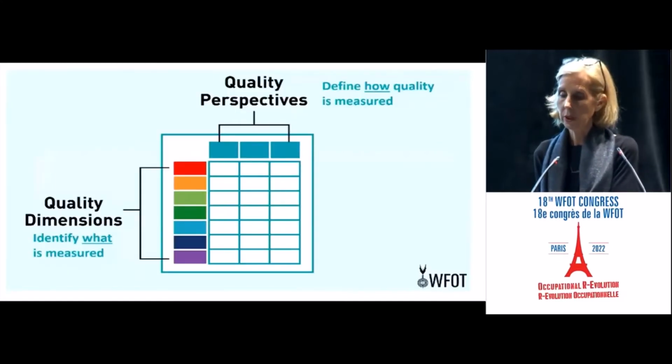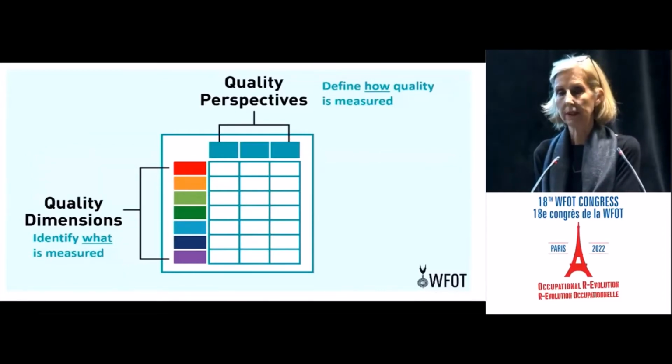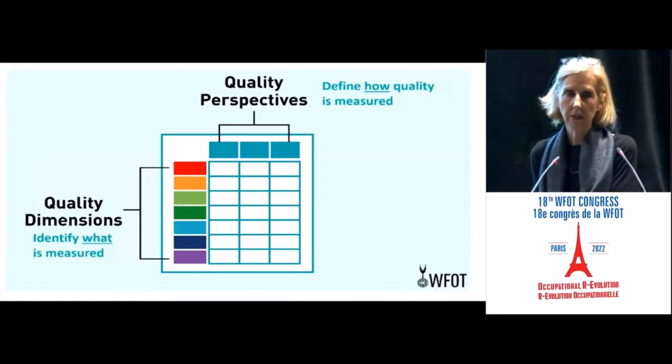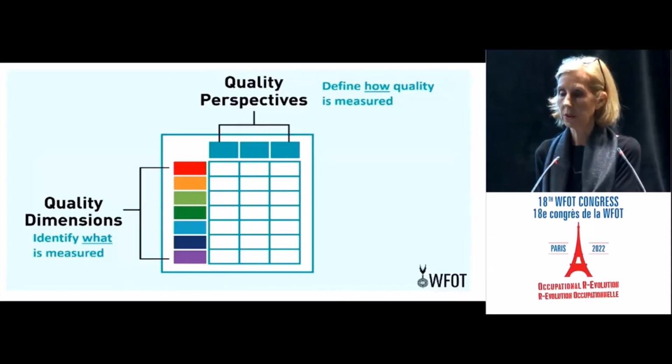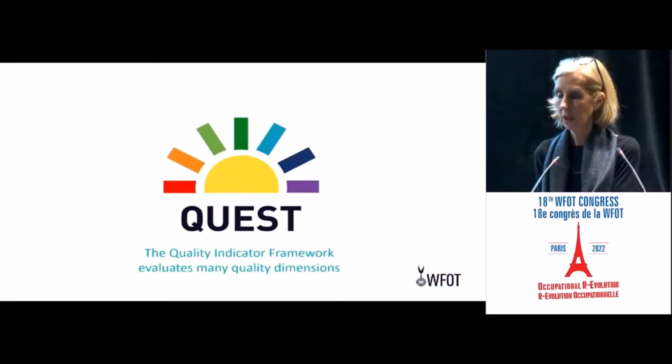So the framework on one dimension looks at the various dimensions of quality that need to be measured. So it looks at what needs to be measured. And on the other, on the horizontal plane of this matrix, we identify quality perspectives. And that's really looking at how quality is measured, and it's looking at quality measurement from different perspectives. So I'll explain that a little bit more as we go along.